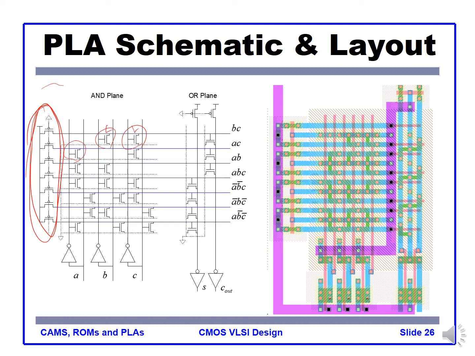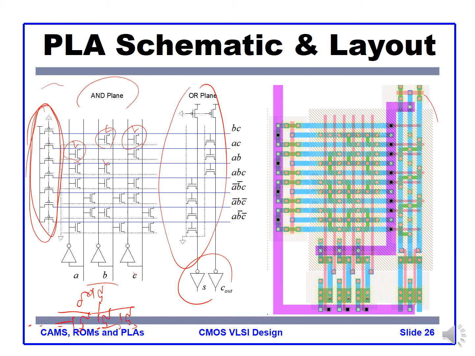Depending on the pull down, we enable one of the pull downs. This is the ratio logic, right? Grounded, and multiple MOS on the pull down structures. So we use that here in the AND plane, and also the OR plane, the same thing. So this is the NOR PLA schematic example, and each layout is also very compact as shown in here.